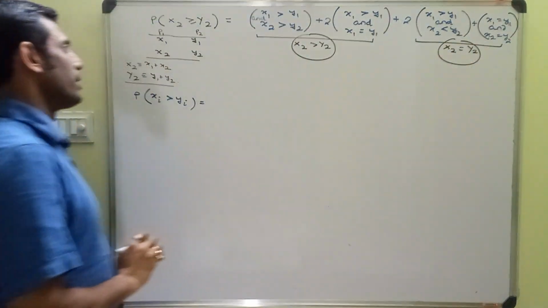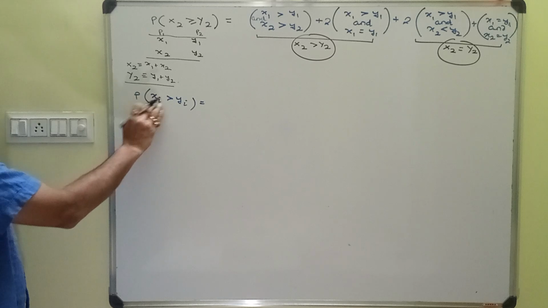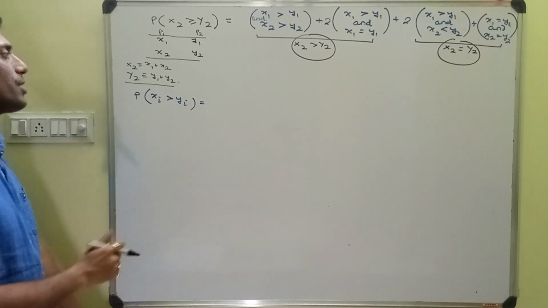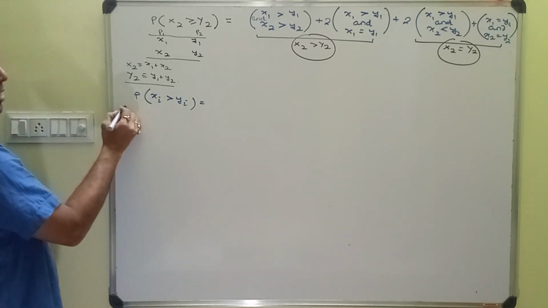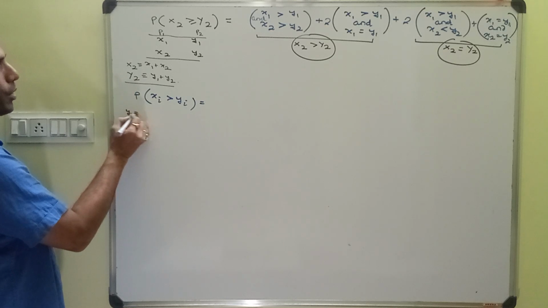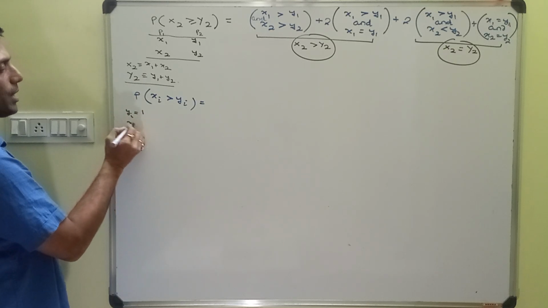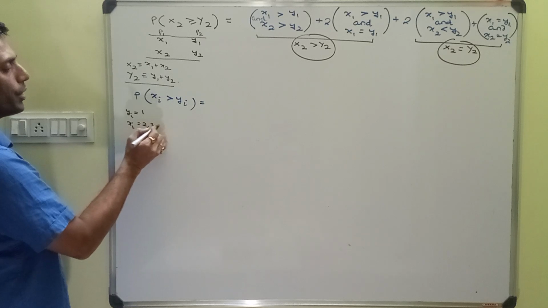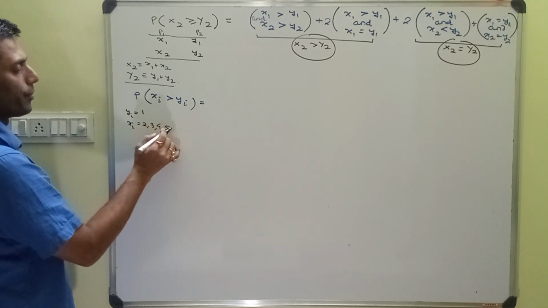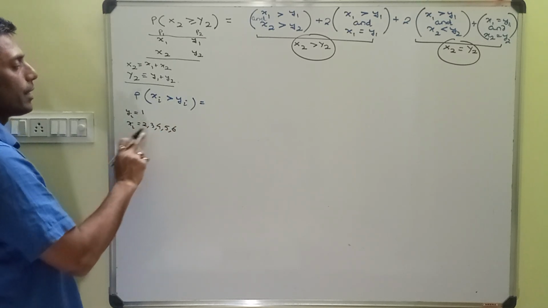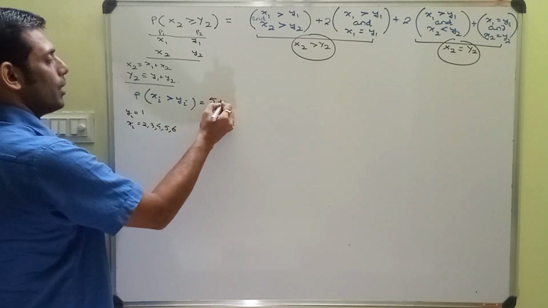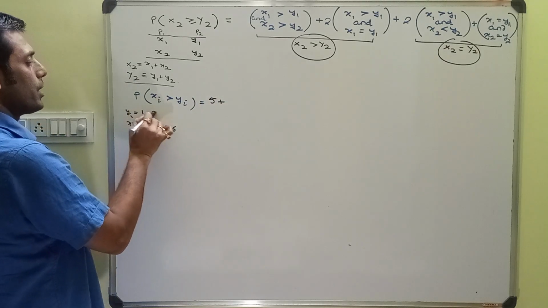Now, how do we calculate them? Let's calculate this. Any Xi greater than Yi. Now let's say your Yi score is 1. That means Xi can be 2, 3, 4, 5 and 6. That means there are 5 possibilities, plus let's say Yi is equal to 2.